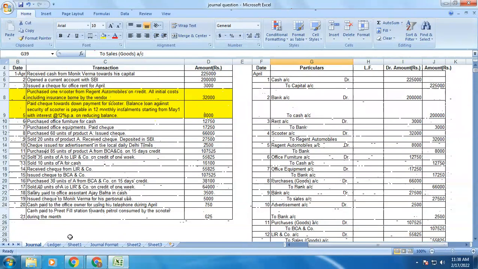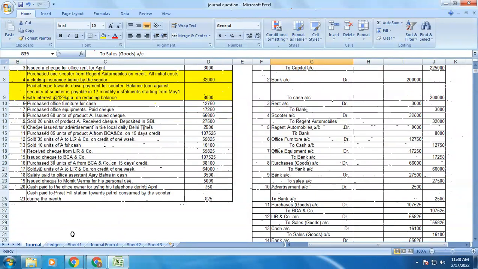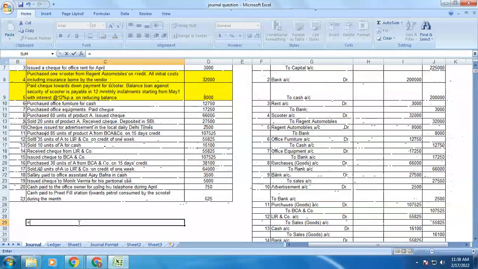Then we sold 20 units of product A at 27,500. 20 units at the rate of, who's going to calculate this value for me? यहाँ पे calculate कर लेते हैं.